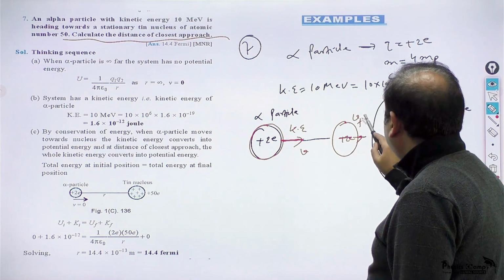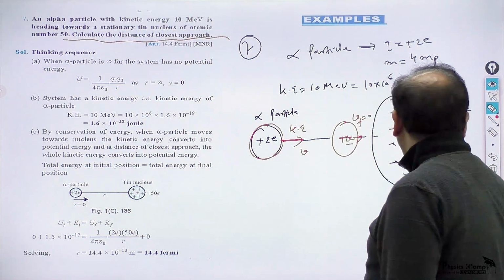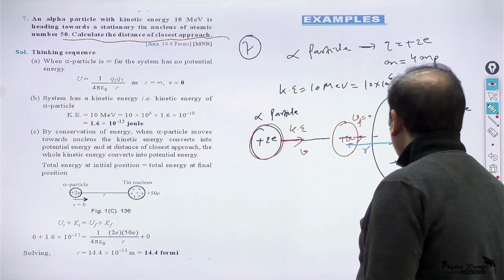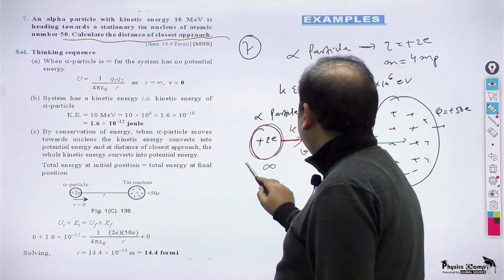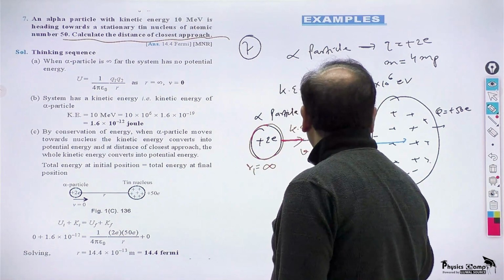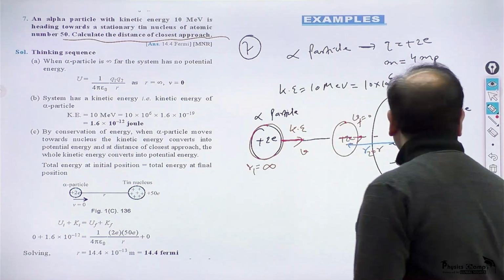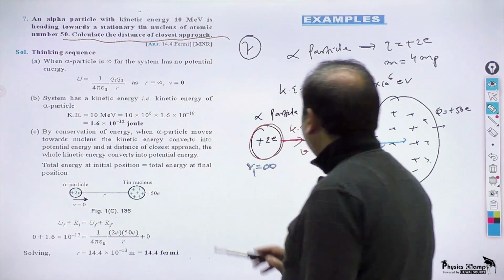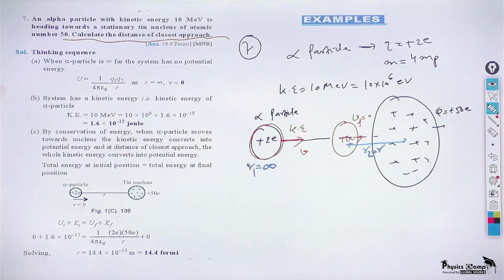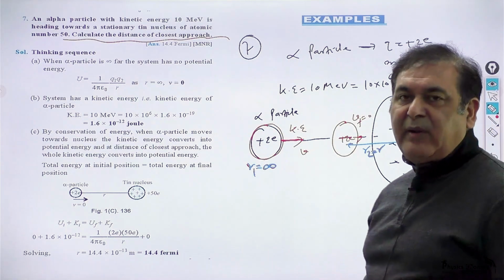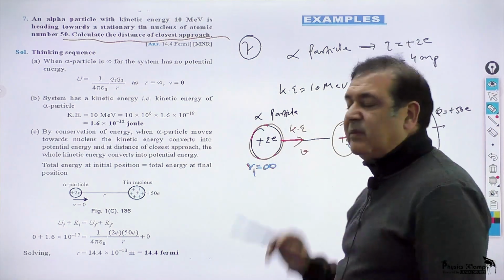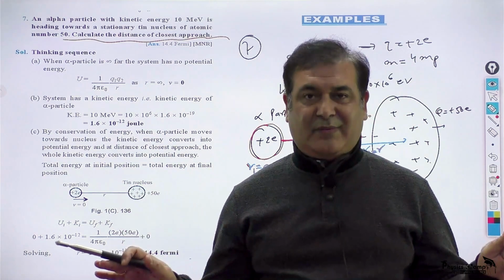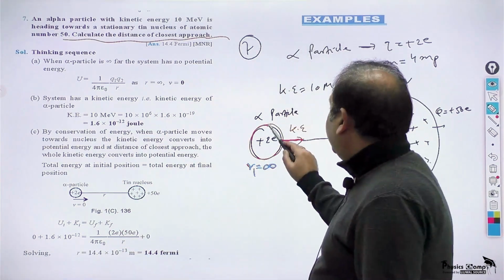The final velocity is 0, maybe it stopped at a separation, say r, and initially it was at a separation of infinity. It stopped finally at a separation r. Initially it was at a separation of infinity when it was having that kinetic energy. What all is happening here? I would say when it was far off, the electric potential energy of the system was 0 and it was certainly having some kinetic energy.